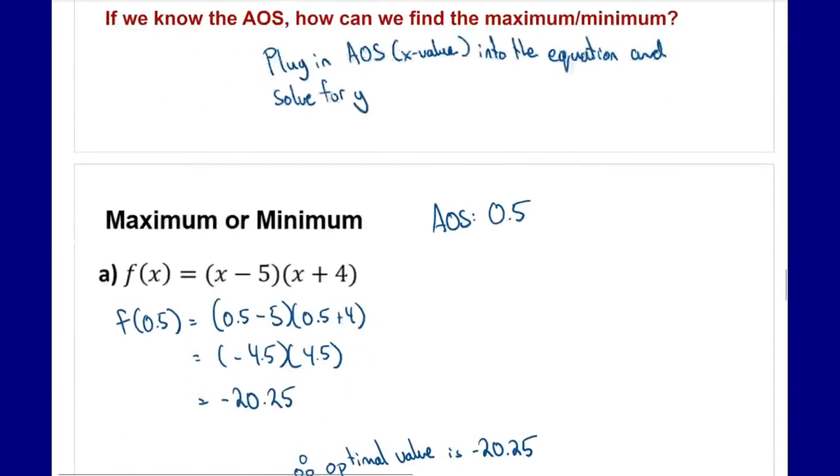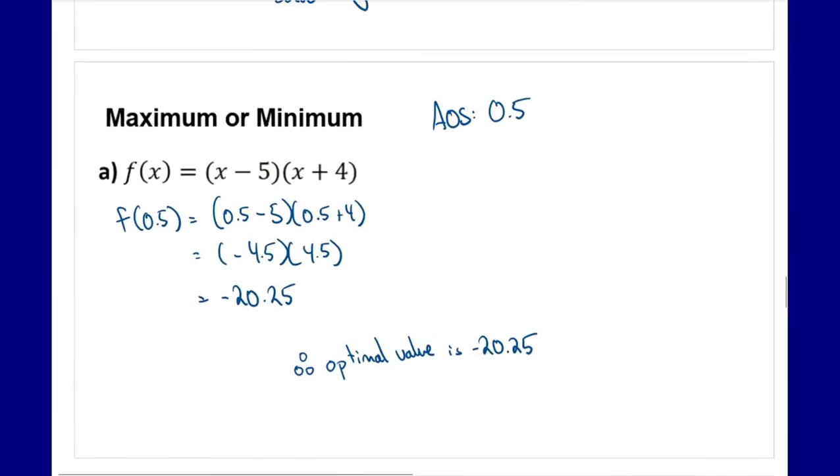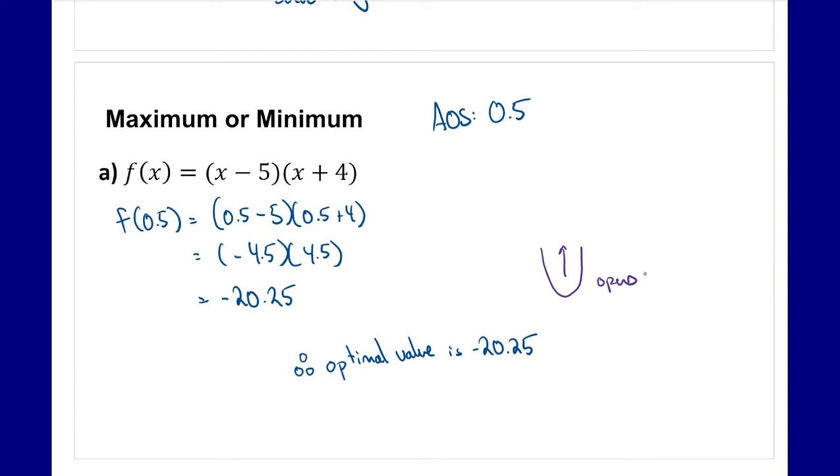So if it opens up, then we have a minimum value. So I can say the optimal value, or the minimum value, is negative 20.25. If it opened down, then we would say that it's the maximum, because that would be the highest possible value.